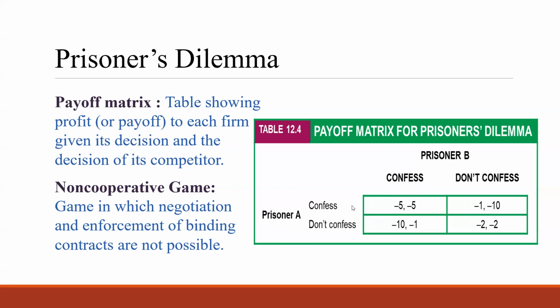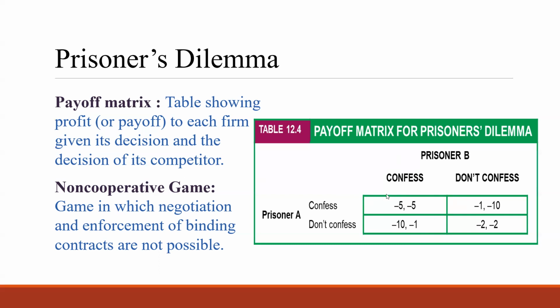So here, for instance, if both prisoners confess, then prisoner A will receive a 5-year penalty. And the second number is the payoff of prisoner B. In this case, another 5-year penalty will be imposed on prisoner B for confessing when player A confesses. So the leading number is the payoff of the first player. The subsequent number is the payoff of the second player, the player in the vertical column.